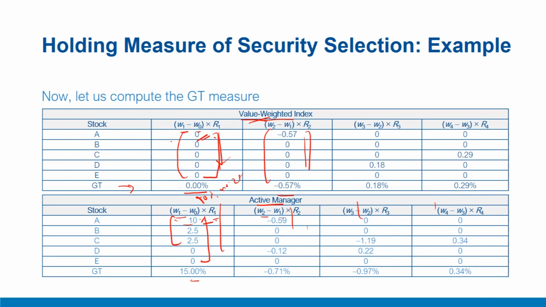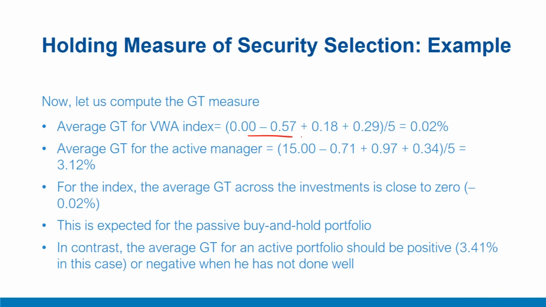For the value weighted index, the GT measure is the average of all these 5, and for the active manager, the GT measure is the average of these 4 figures. For the value weighted index, which is a passive fund, this figure works out to 0.02%, and for the active manager this figure works out to 3.12%.